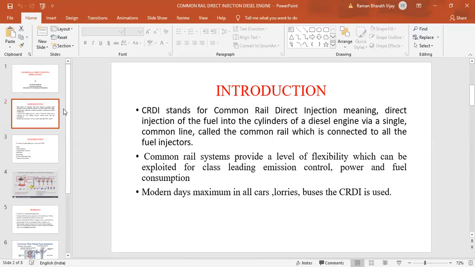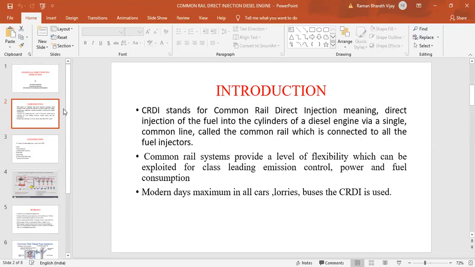In any engine, we have cylinders, and for each cylinder we have an injector. In this injector, we supply fuel. Here the fuel is diesel. So we supply fuel, that is diesel, through the injector to the cylinder.